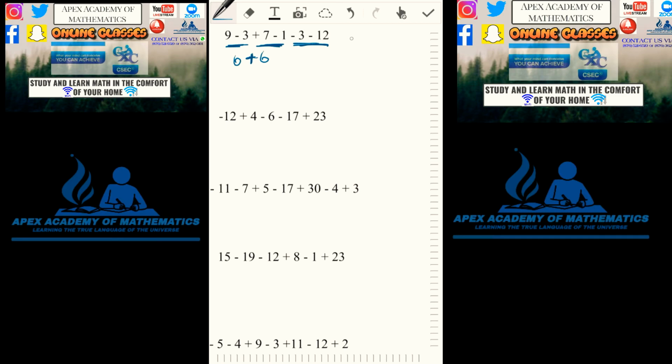Now, I made reference to this in my previous video as it relates to multiplication and division of integers, where negative times negative is equal to a positive. There is no indication here of a multiplication sign, so you cannot get an end result being positive. The answer will still be negative because I'm basically adding up my negatives. So this is negative 15.